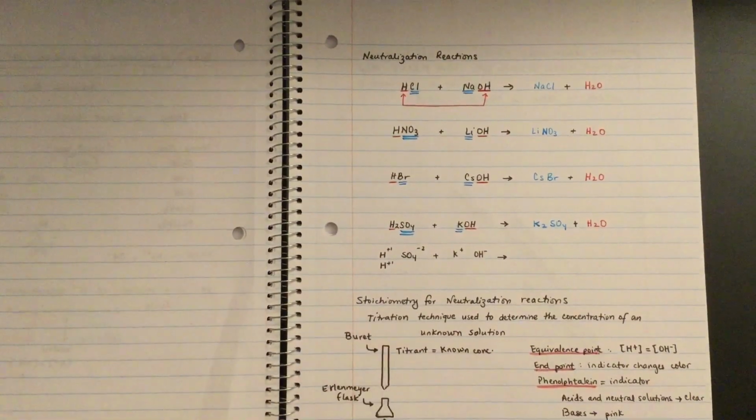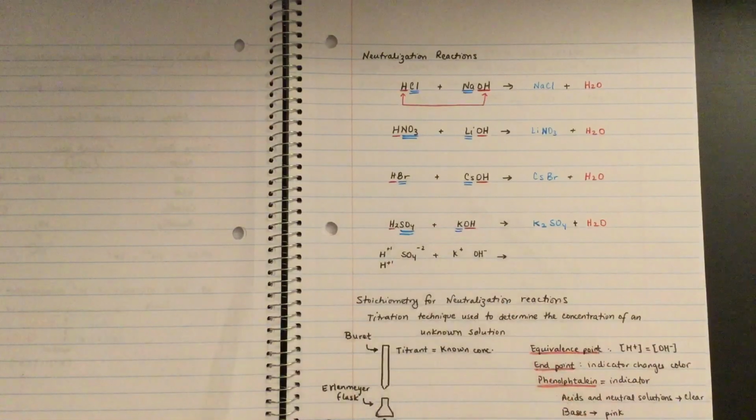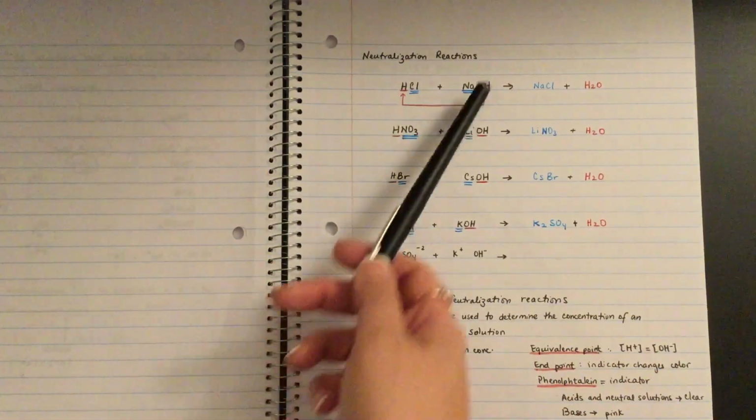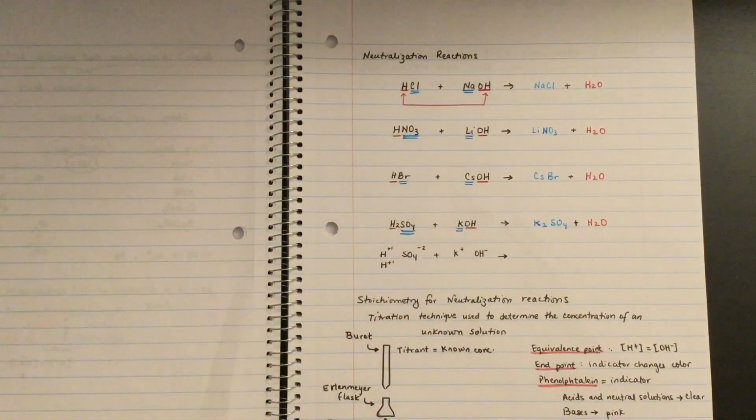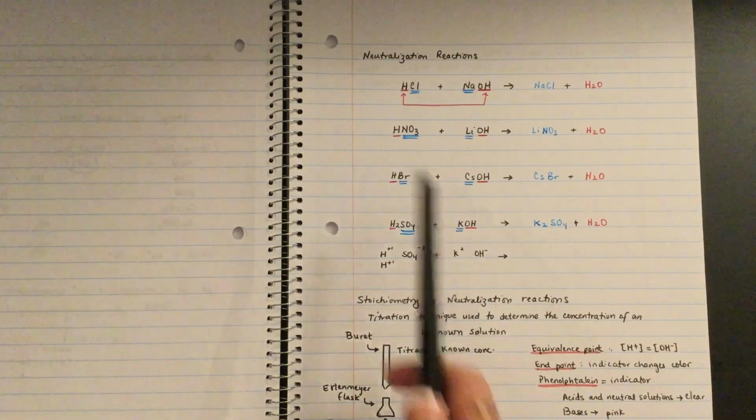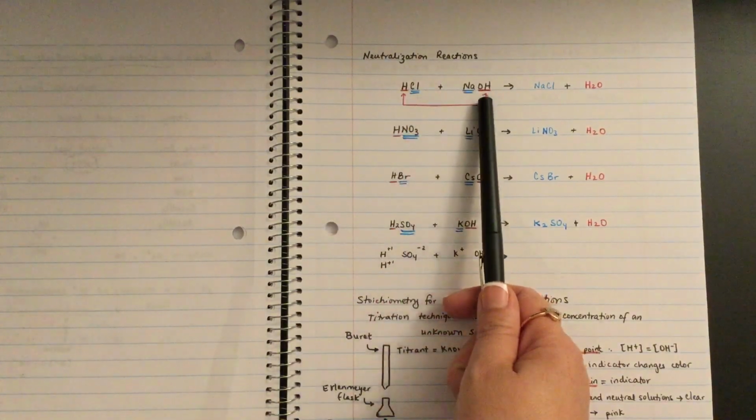So I have here several examples of neutralization reactions. I wrote all of the acids on the left, followed by the bases here. Different acids, different bases. So this is a double displacement reaction. We're combining positive with negative.